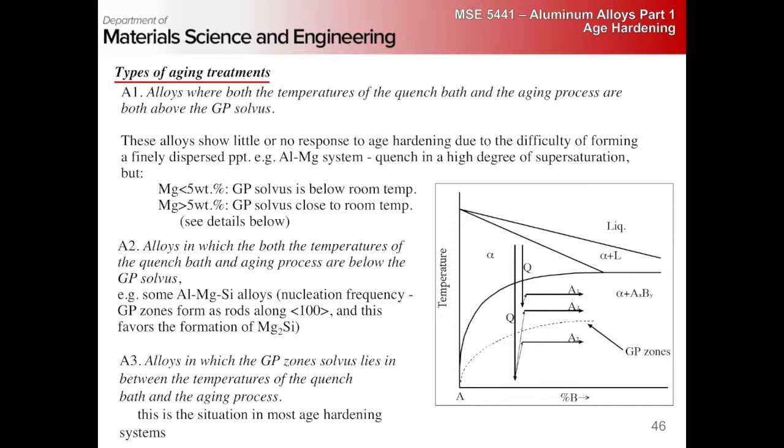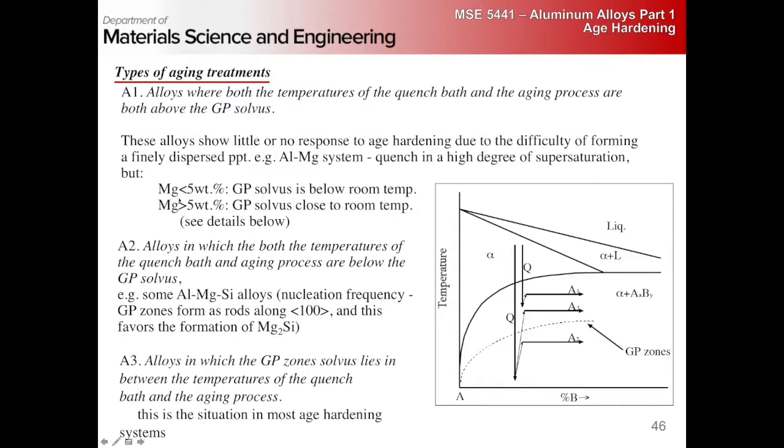And this is usually used in alloys that don't have a lot of age hardening potential, right? So for example, in aluminum magnesium, it's very difficult to form a very finely dispersed precipitate structure. And so we want to keep them closer to the solid solution state.